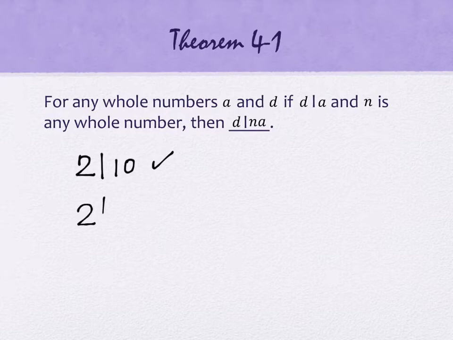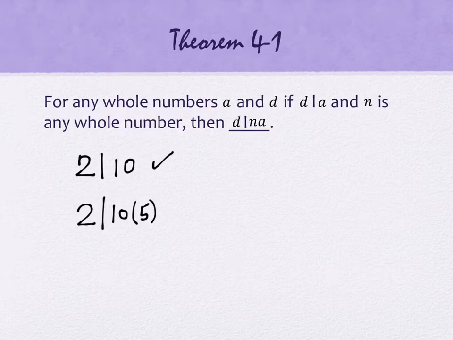Then that means 2 will divide 10 times anything you'd like. 10 times 5, 10 times 7, 10 times 9, 10 times 2,467. It will have to divide it because 2 divided 10 to start with. Okay? So that's this particular theorem.